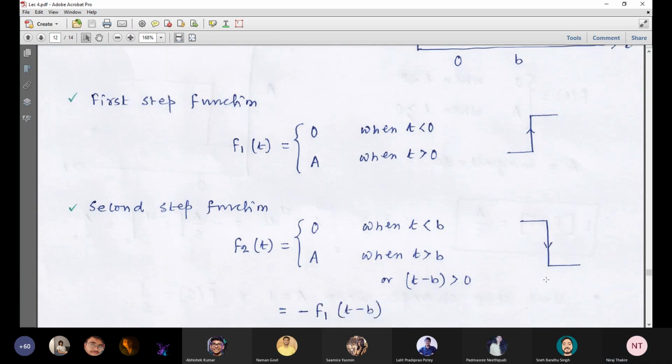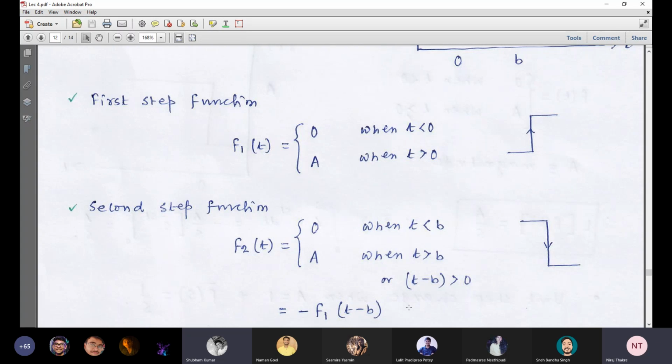In fact, I can therefore write this one as F1(t minus b), and one minus sign is there. Can I write this as minus F1(t minus b), student? Sir, if we write this, there should be minus a. Because the second step function is decreasing from 0.